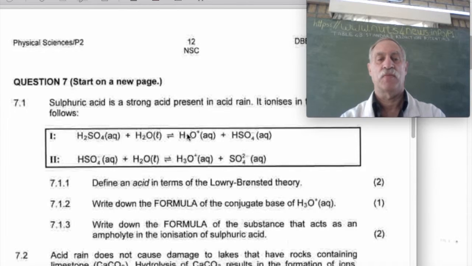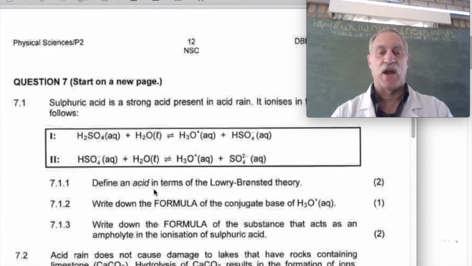And let's not forget that a hydrogen ion is simply a proton. So it's lost a proton. Then the second stage is this ion, HSO4 minus, plus water, and it loses that hydrogen to this water and forms H3O plus, another hydronium ion aqueous, and then we're left with the sulfate ion SO4 2 minus aqueous. Define an acid in terms of the Lowry-Bronsted theory.